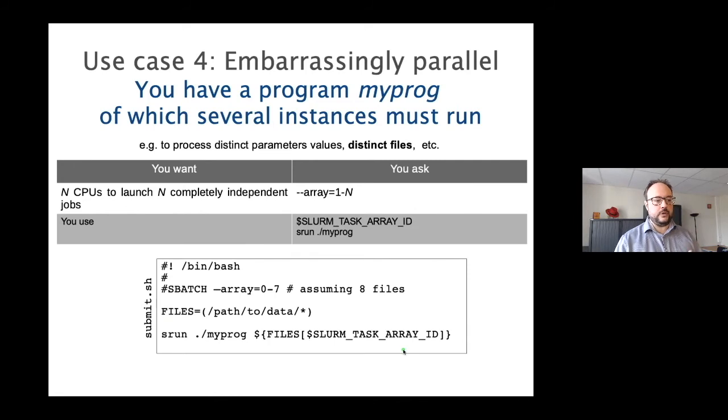So if you have 8 files at this location and you submit that submission file, you will create a job array of 8 jobs, and each job will run the myproc program on one of the files in the directory.